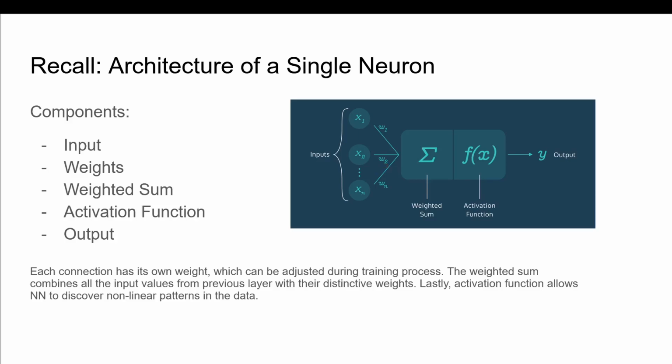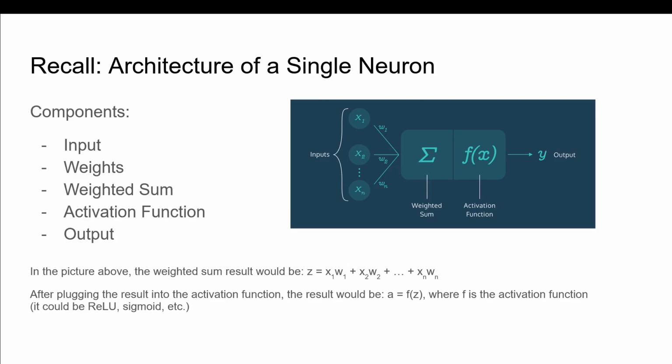There are several kinds of activation function. It could be ReLU, sigmoid, and tan inverse, and there are so many of them. The weighted sum result in this case would be x1 times w1, the input value times this weight, and x2 times w2, and so on until it reaches xn times wn.